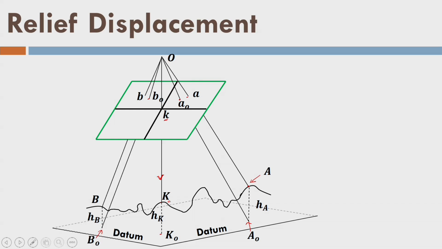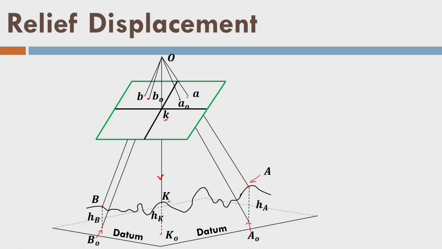Okay. So, you can see that because of the height of the point A or point B above the datum, you are getting the image of the point B slightly shifted. That means, if the point B were here at B0, then it should create an image here, fine, as you can see, but the point B is at height HB above the datum.